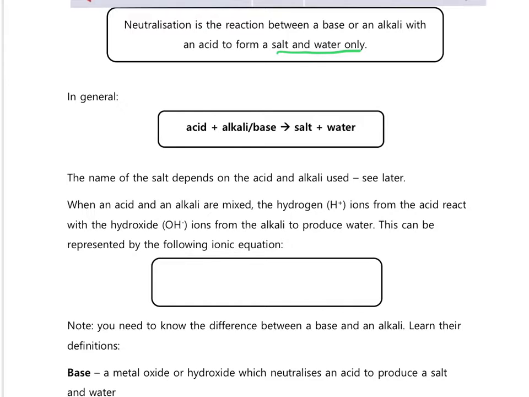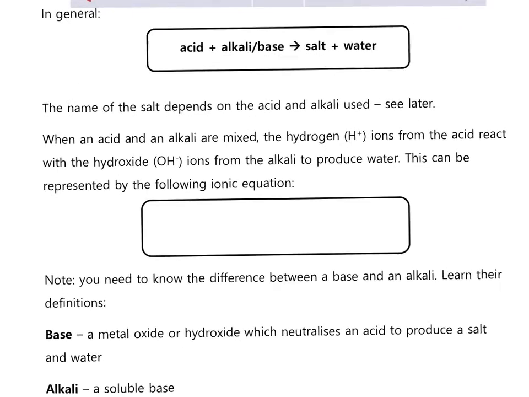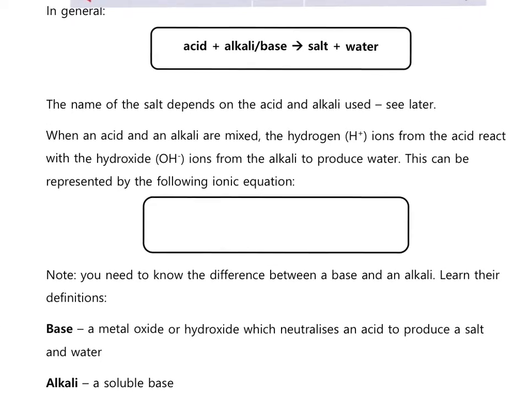So what's actually happening in neutralization? And this is so important. The equation we're just about to write, if it comes up on your exam, it's worth 3 marks. It's really easy 3 marks to get if you know your equation, so please make sure you learn it. So we said just a minute ago that all acids dissolve in water to give us hydrogen ions, H plus ions.